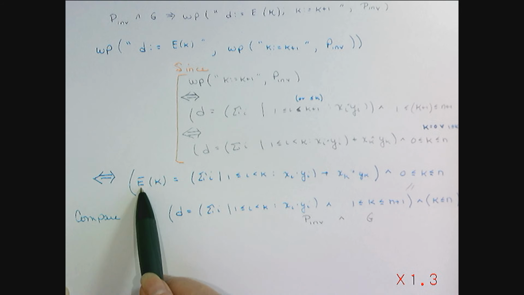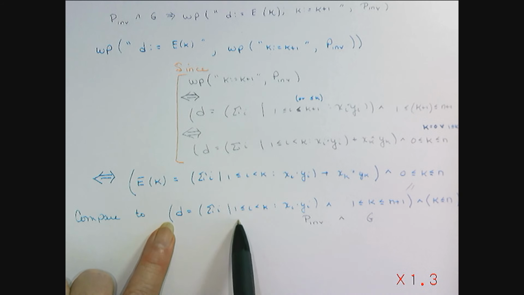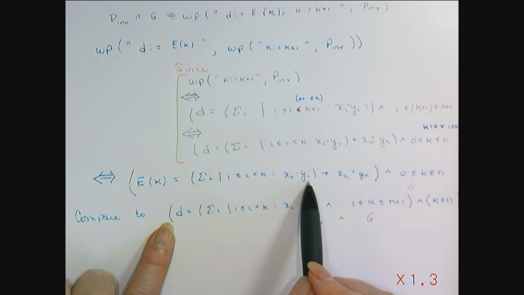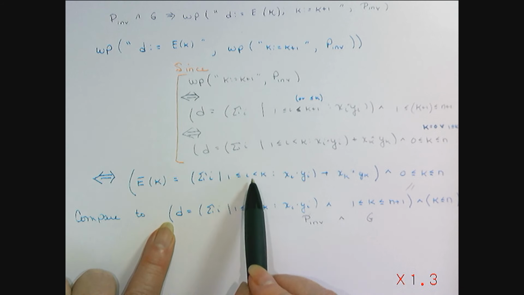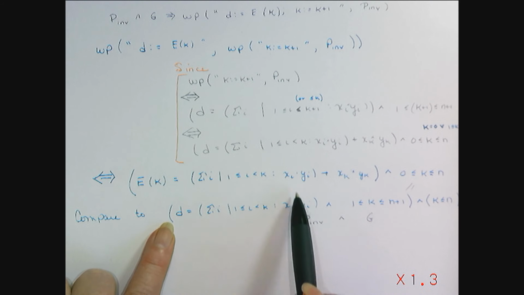In order to figure out what e of k is, when I compare, I notice that the assignment of d in the invariant matches the sum i from 1 strictly less than k of xi times yi.